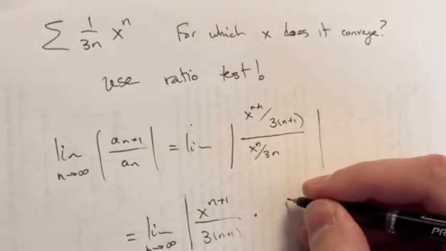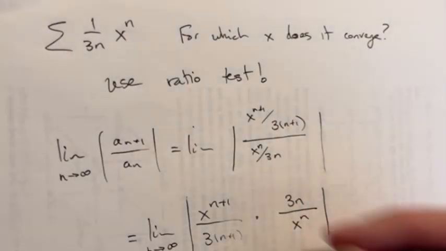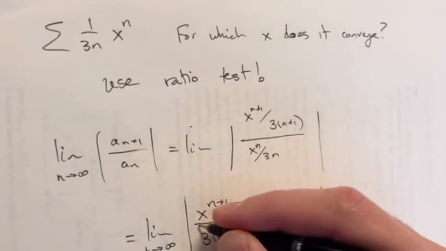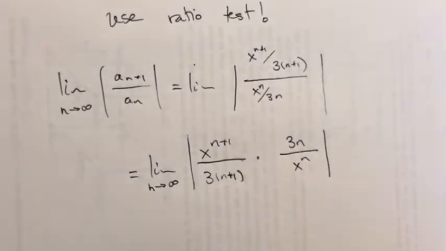And then the other part is going to be 3n over x to the n, right? Unfortunately, there's not a simple thing you can do with the absolute values in this one because you don't know. Usually I just look at it and say, well, everything here is positive, and so the absolute values don't matter. But actually, we don't know if x is positive or negative.